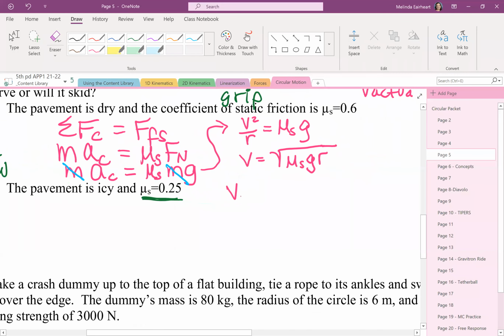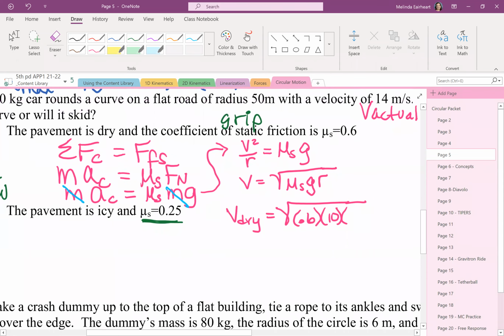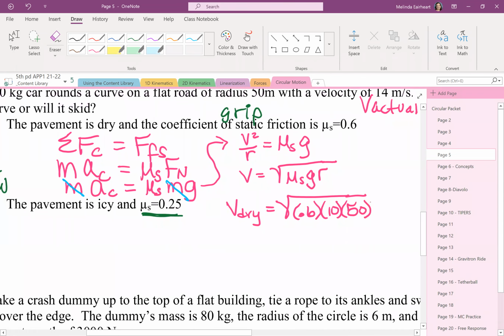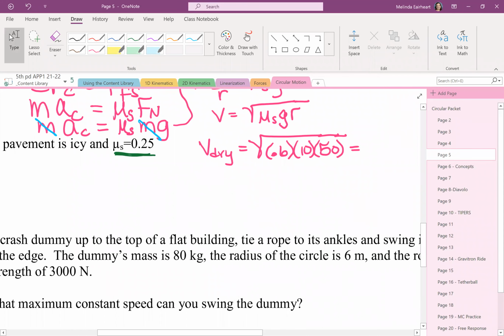And so the velocity when it's dry is going to be equal to the square root of 0.6 times 10 times the radius, which they said is 50. Work that out and let me know what you get. 17.3. Now hold on to your comparison.